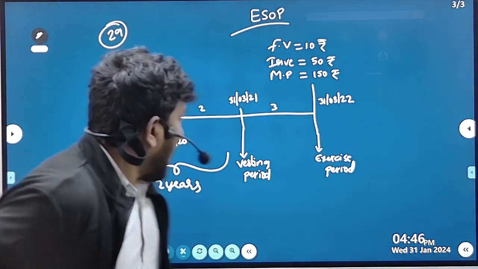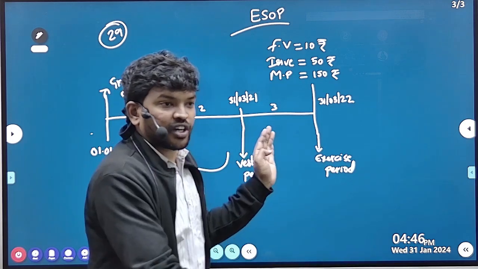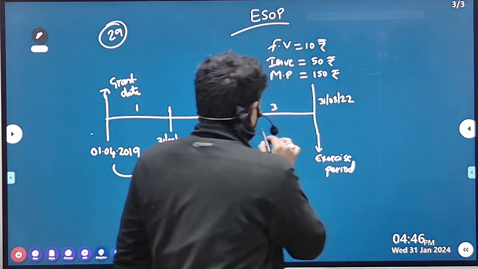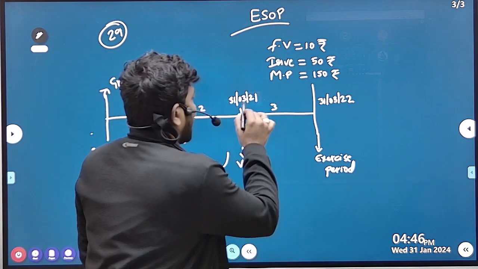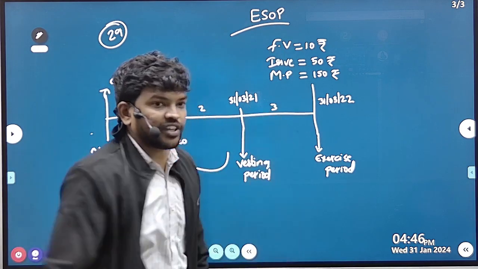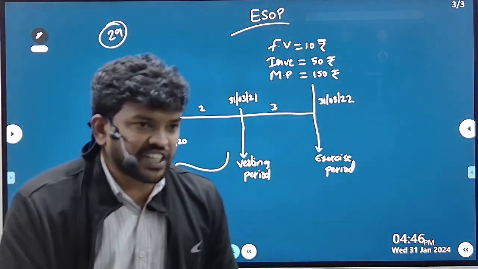Yes or no? After the vesting period, immediately these options are executed. Here it is a certain loss. Certain loss in the sense, actual loss कब होगा? After 1/4/2021. Yes or no? Because they'll exercise the options and actual loss will get incurred.